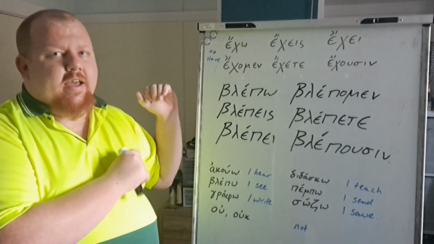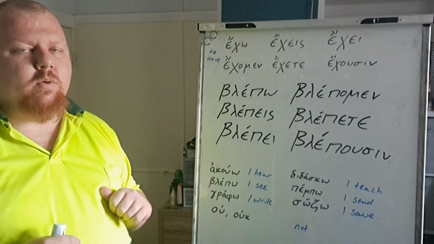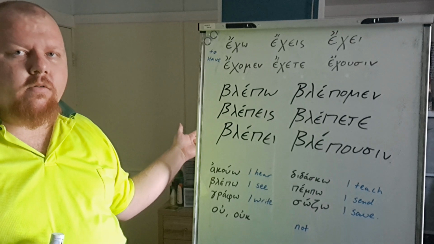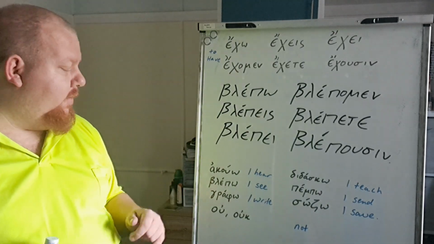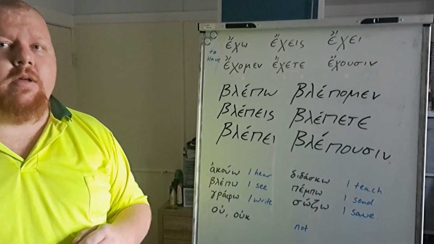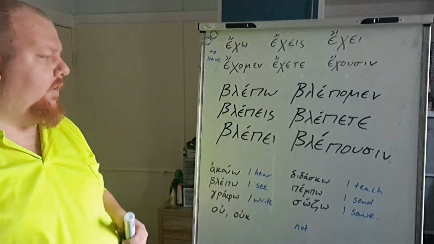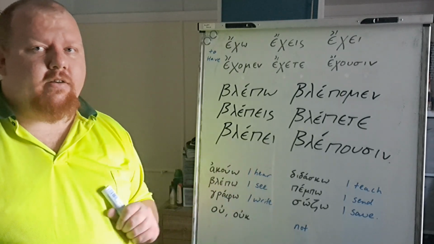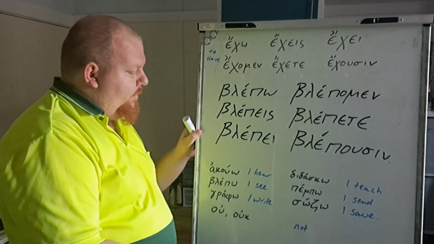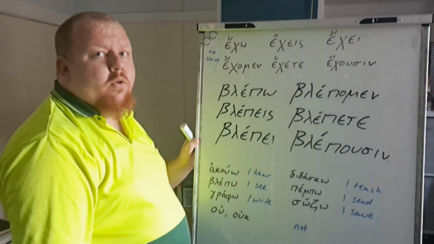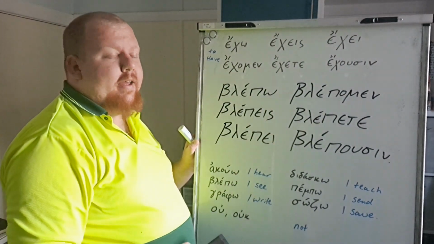Just follow the same pattern as what we have been doing for echo, akuo, and vlepo, and what we're about to do for grafo, and then you'll be able to do it yourself with any verb that follows these patterns. Now, I'm going to remove the aid up the top, okay?